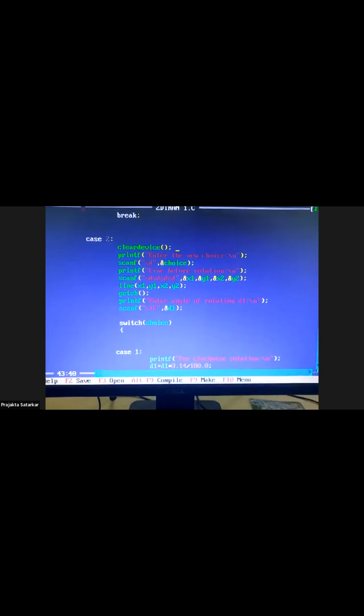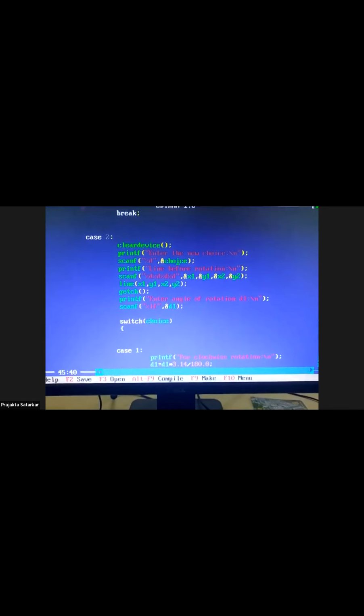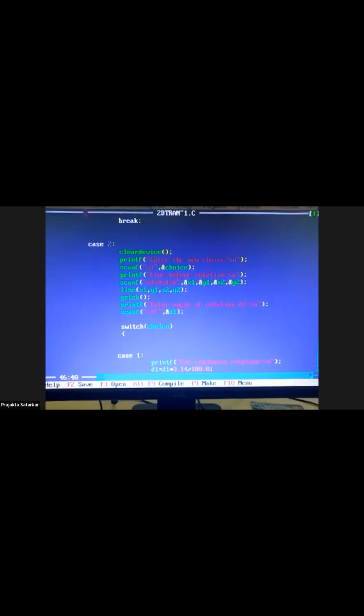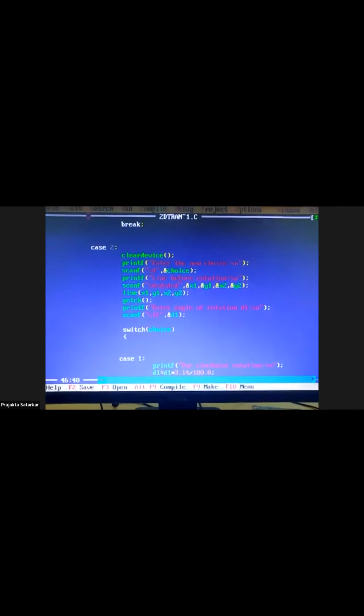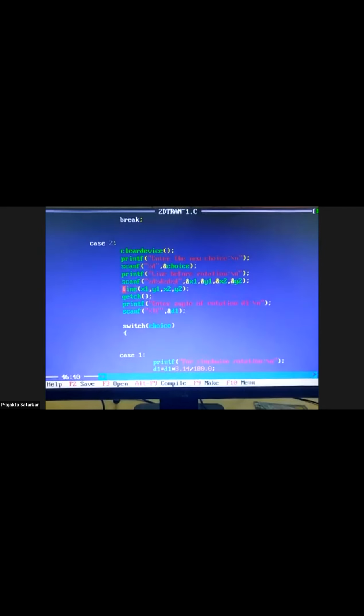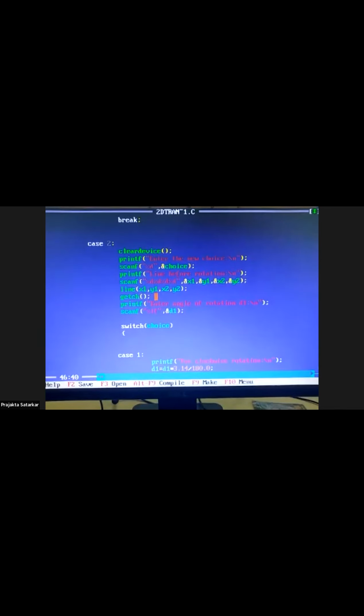Then once I receive the choice from the user side, I will ask for the line coordinates x1, y1 and x2, y2. So for rotation, we are considering a line x1, y1 and x2, y2. By using the inbuilt line function with x1, y1, x2, y2, we will get the original line.